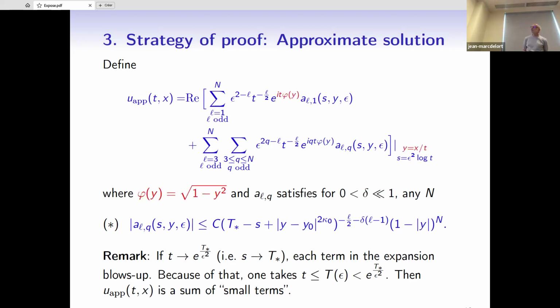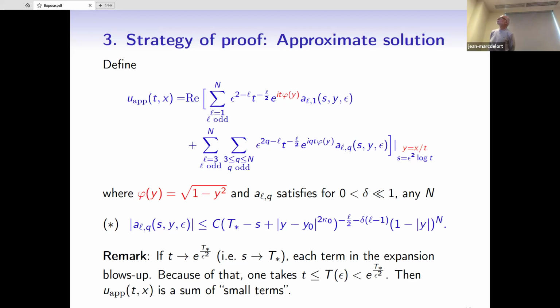First of all, on the first line, I get terms which are oscillatory because they are multiples of e to the i t phi of y, where phi of y is square root of 1 minus y squared, and y is x over t. So this t phi of y is just square root of t squared minus x squared, the phase of oscillation of linear solutions.